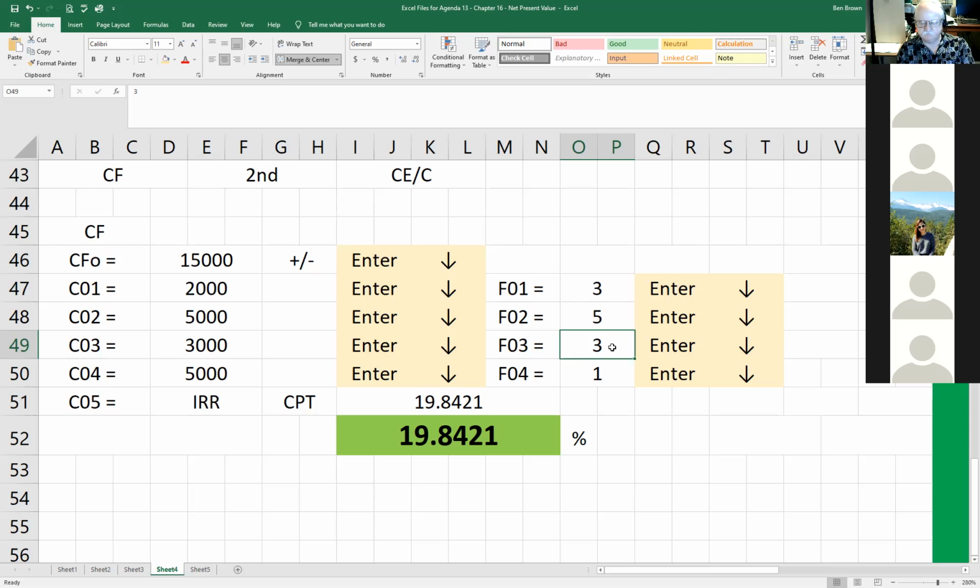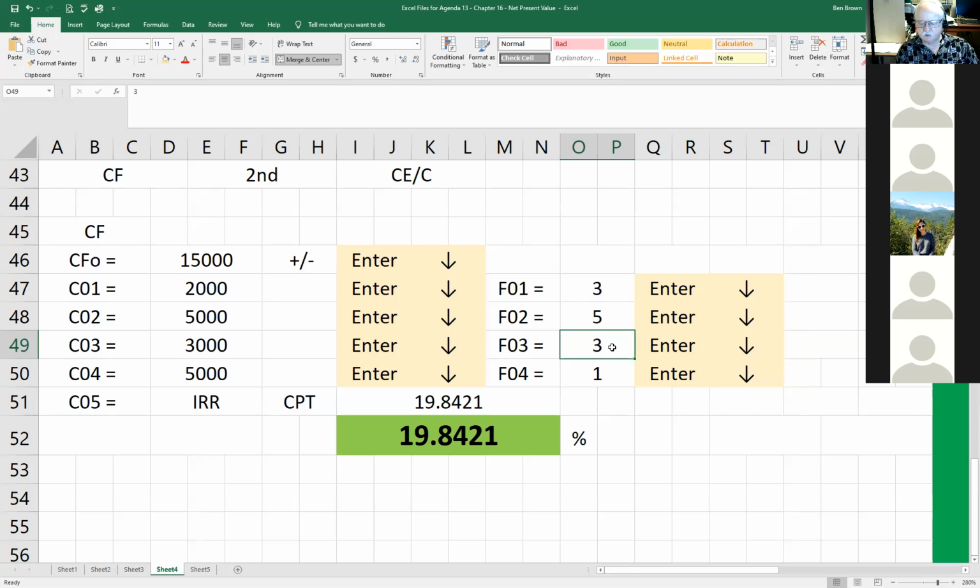Enter down. And now we're being asked about cash flow number 5, but we have no cash flow number 5. So we've got to press the button IRR. And it says 0, which is confusing until you realize we have to press compute. Takes a while to think about it.